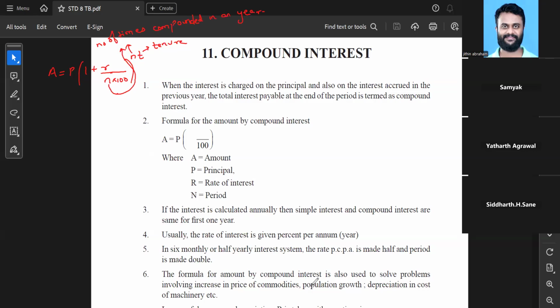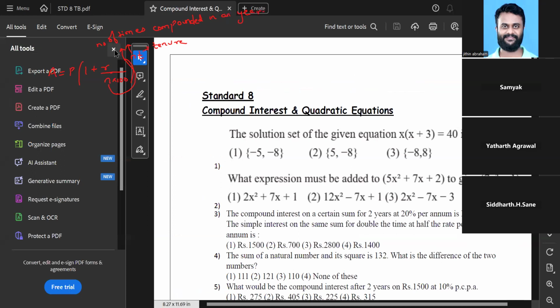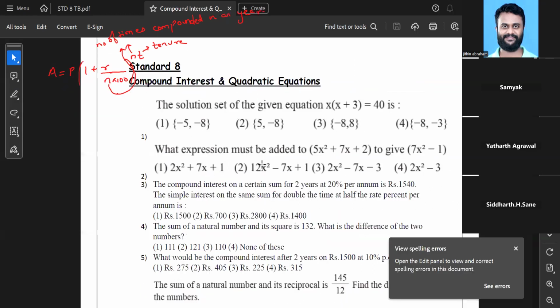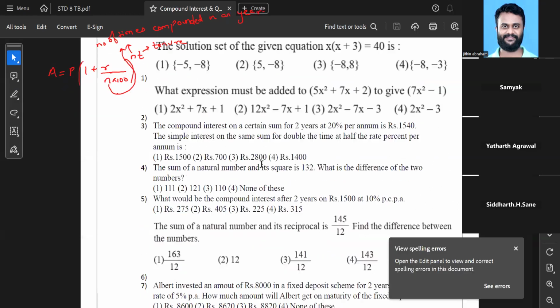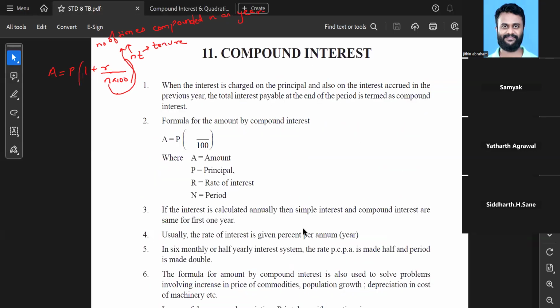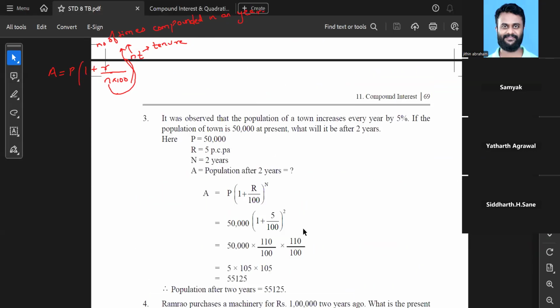Okay. Now, today we'll be starting with the worksheet. Let me just open the worksheet for you. So this is a combined worksheet for compound interest and quadratic equation.